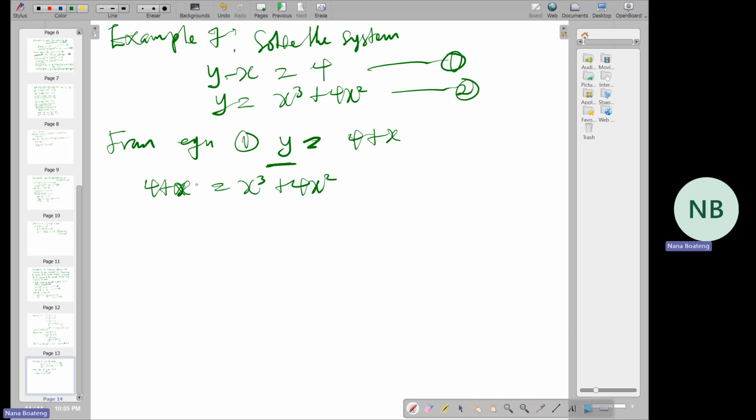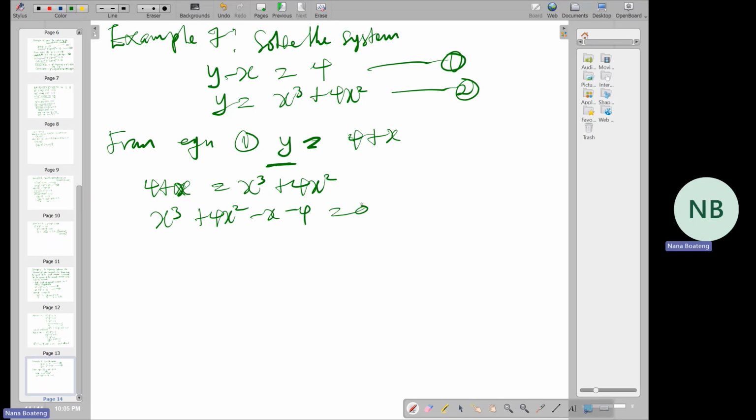Let's group all the terms on one side and factor some variables out. So here we have x cubed plus 4x squared minus x minus 4 is equal to 0.